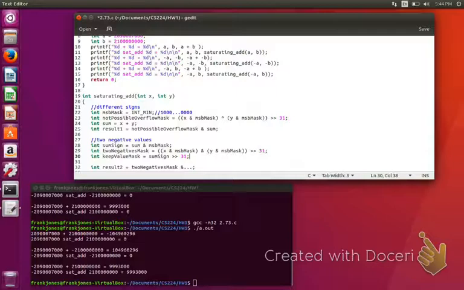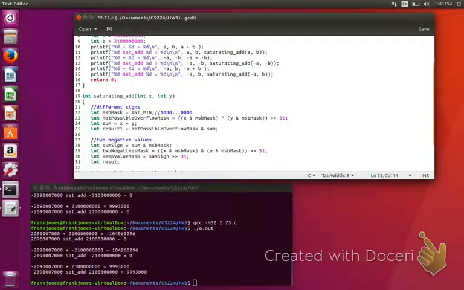So if I want to keep the value of the sum, if it's negative, then I want to keep it, and the way I'll do that is I'll use this keep value mask and set it to all 1s in that condition. Okay, how does that solve our problem? Okay, so you may want to look at this multiple times.